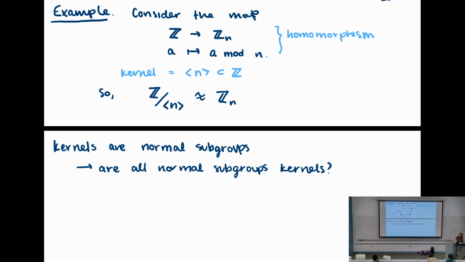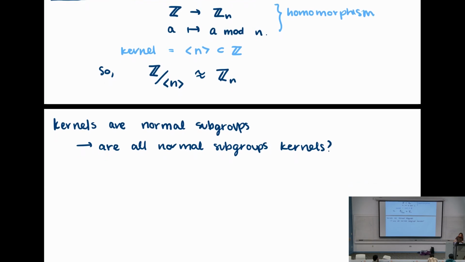And we'll see in the next theorem that the answer to this is yes. So we'll see, given a normal subgroup, how to define a map, a homomorphism for which it is the kernel. So let's see how this goes.